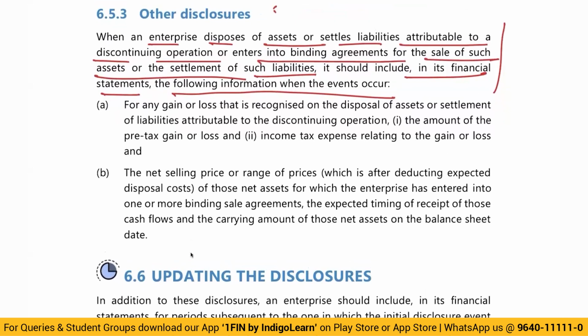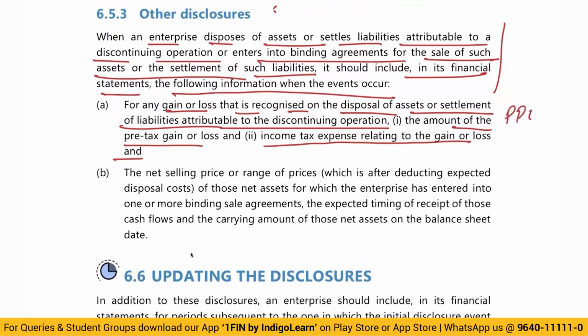What are the disclosures? Any gain or loss that is recognized on the disposal of assets or settlement of liabilities attributable to the discontinuing operation. So what is the gain or loss, the amount of the pre-tax gain, and the income tax expense related to the gain or loss. So if I am selling off, for example, a PPE, and this PPE is a part of the discontinuing operation, we have sold this PPE at a gain of, let us say, 10,000.